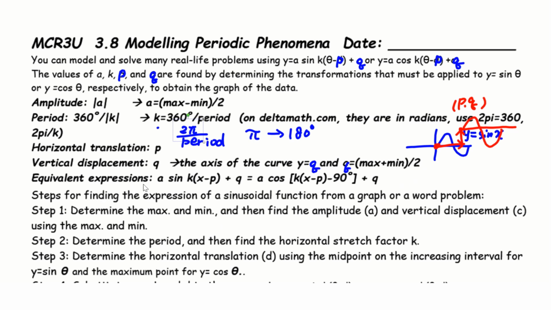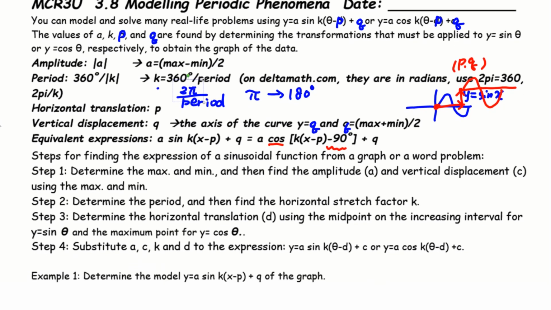The equivalent expression is a sine k bracket x minus p plus q. You could connect it with cosine. It's just a minus 90 degrees horizontal translation. There is a 90 degree difference between these two, and it will give the same graph.